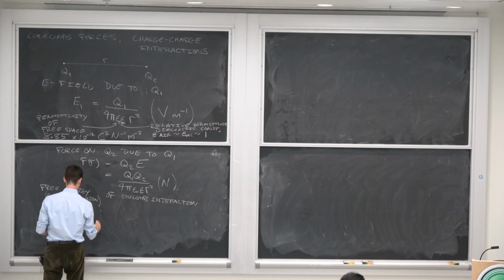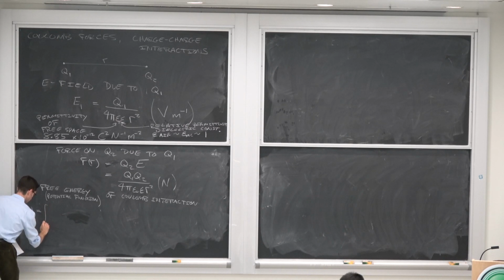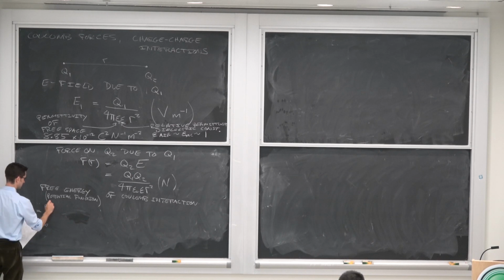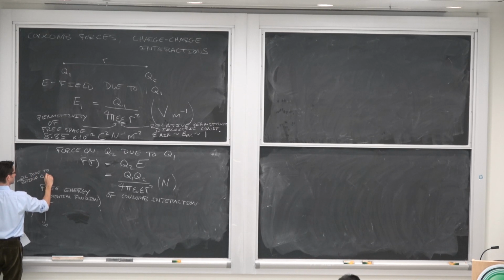W of r, I'm going to start over here so I can use the whole thing. W of r, starting at infinite distance to r, so this is the work done to bring Q1 and Q2 together from infinity.